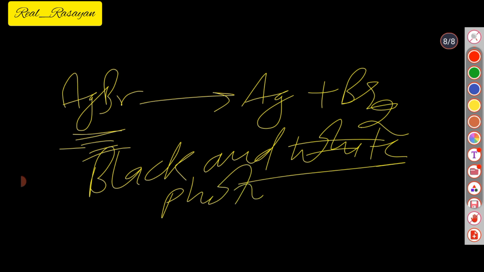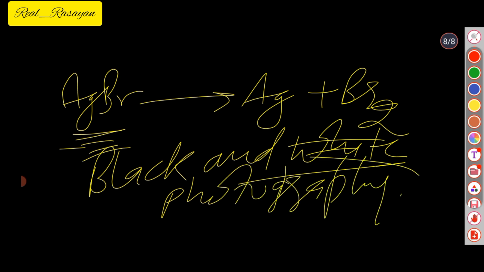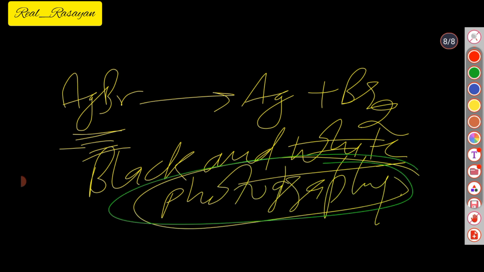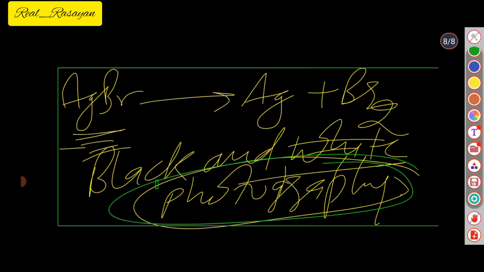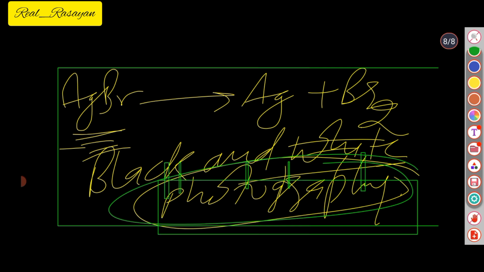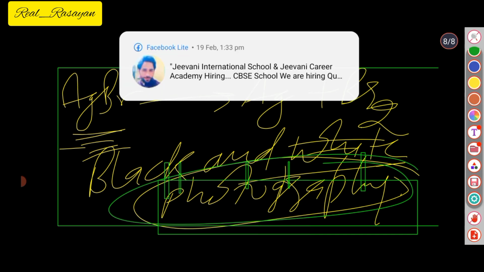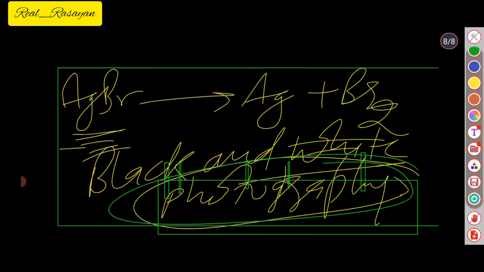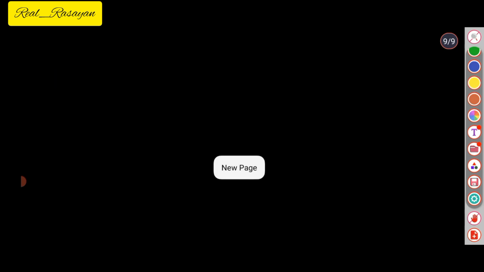The point to remember here is the black and white photography. One of the important questions to be asked here is the black and white photography. So this is the type of decomposition. Hope you will understand the concept of decomposition and types of decomposition along with combination, exothermic and endothermic reaction.